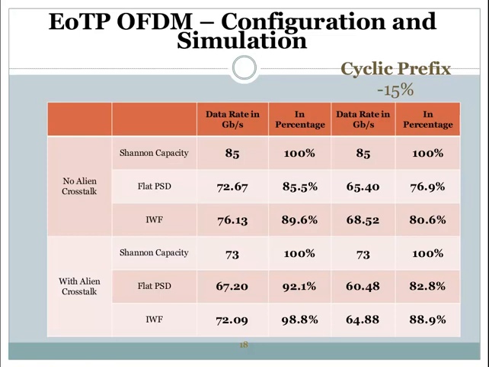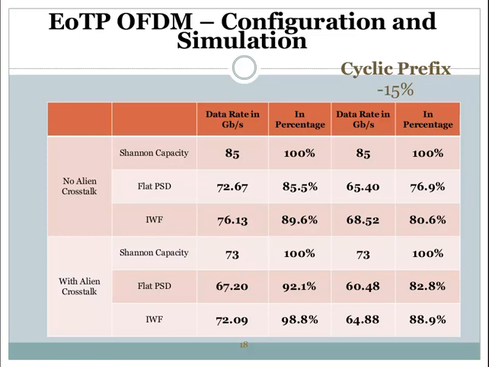So this means the 70... If we physically implement a system, the 72 gigabits per second gives us a really big margin to realize a 40G transmission or 50.